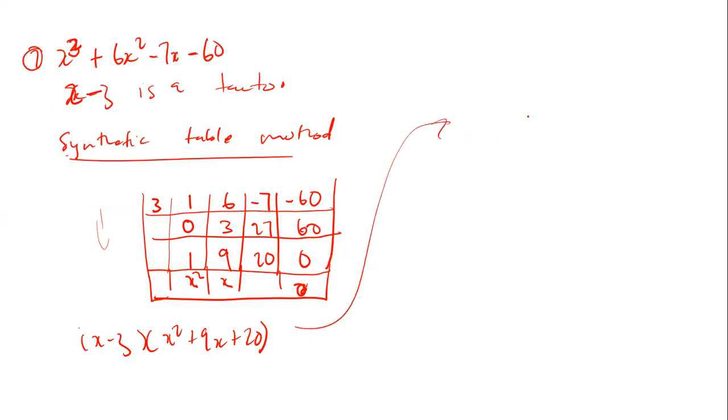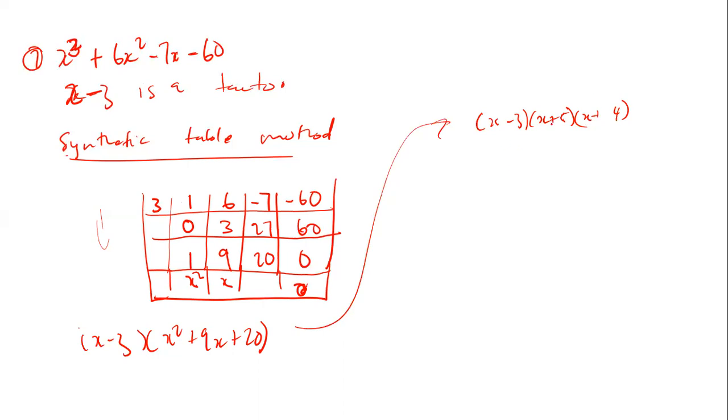Therefore, let's factorize this expression further. So I have x minus 3, and then I open up 2 brackets to factorize this quadratic expression. And therefore, here I have factors of x squared. It's going to be x, and x. Factors of 20 is going to be 5 and 4. Positive, positive.